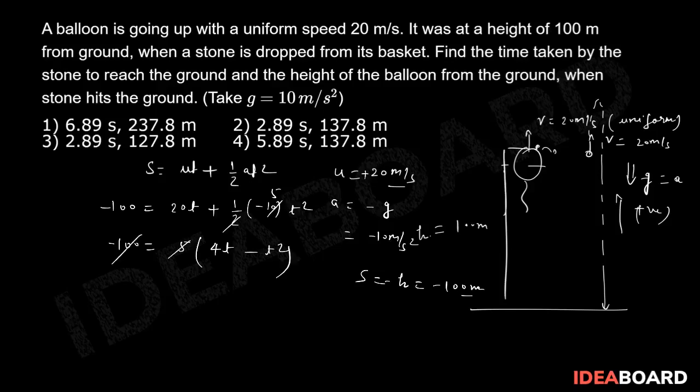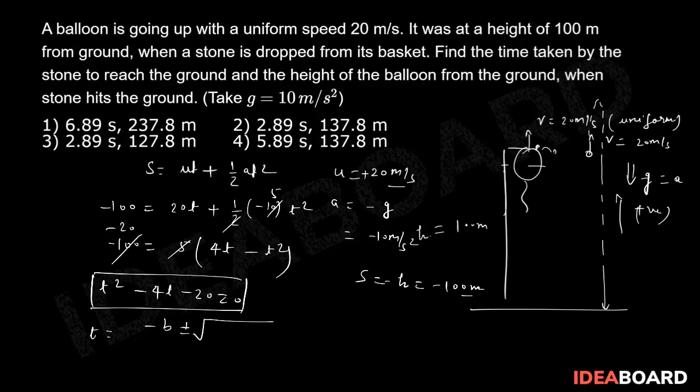So this cancels out, giving minus 20. So we can make the quadratic equation: t square minus 4t minus 20 is equal to 0. This is the quadratic equation we achieved. Now we need to solve this quadratic, so we can write t is equal to minus b plus minus root b square minus 4ac, by 2a.